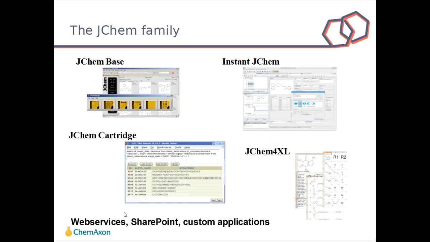Okay, let's see what kind of product family we are talking about. The basis is the JChem base API, which is a Java API, and upon it there are some command line and some easy to use GUI tools as well.